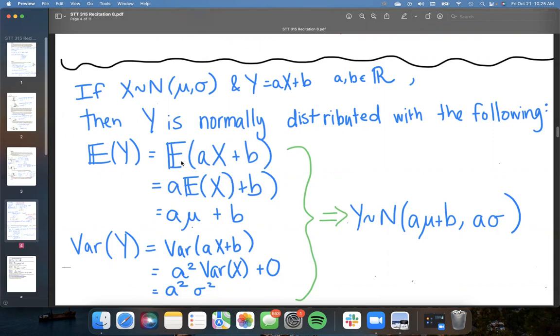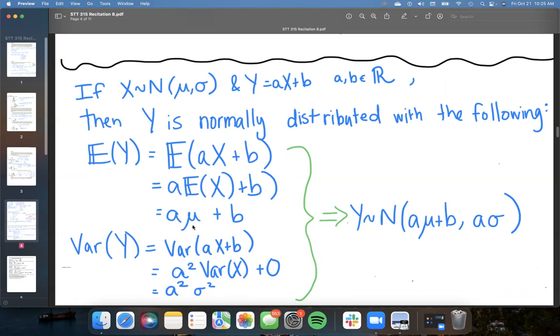When you want to take the expectation, the expectation wants to hang on to X, because you can take the expectation of X. So you just do A times the expectation of X and then plus B. The expectation of a constant B is just that number. So we have A times the expectation of X plus B, and the expectation of X is mu.